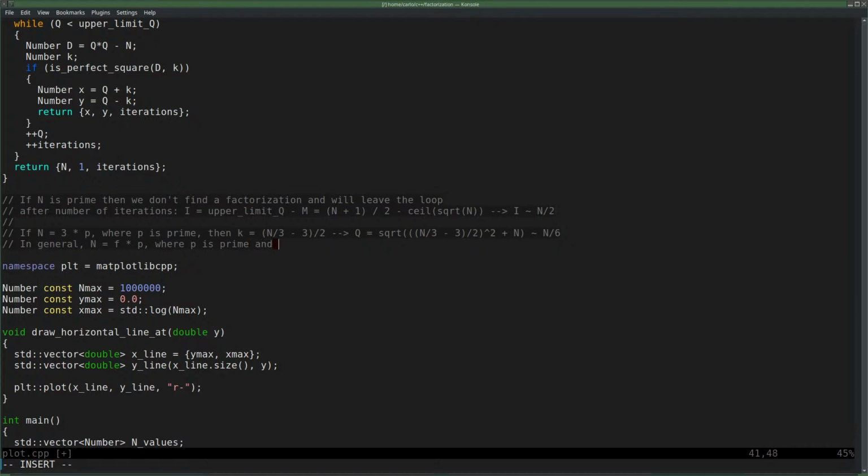P is prime, and f is much smaller than p. Well, then q, which is more or less equal to the number of iterations, because it's more or less, because we also have to subtract the square root of n. So q is then, yeah, more or less n divided by 2 times f.